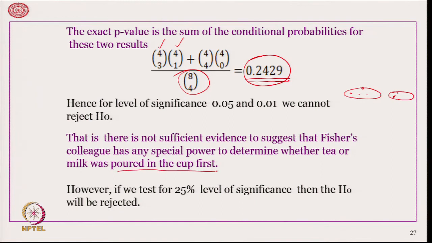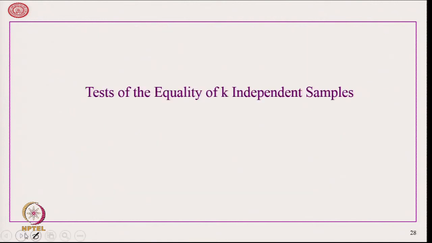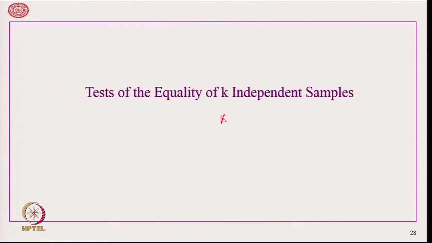Okay, students, let us now move to one of the most prominent or important non-parametric tests, which is the test of equality for k independent samples when the value of k is strictly greater than 2.